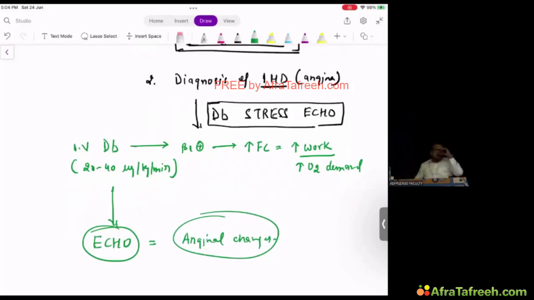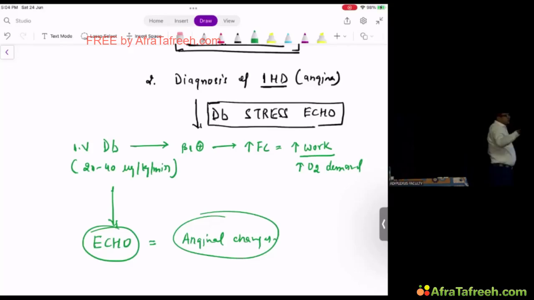So coming to coronary artery disease, some basic things I'll tell you. What is the symptom in coronary artery disease? What is the complaint? Chest pain. The patient comes to you, you are the cardiologist. The patient says, Doctor Sahab, I had a very severe chest pain 2 hours earlier.